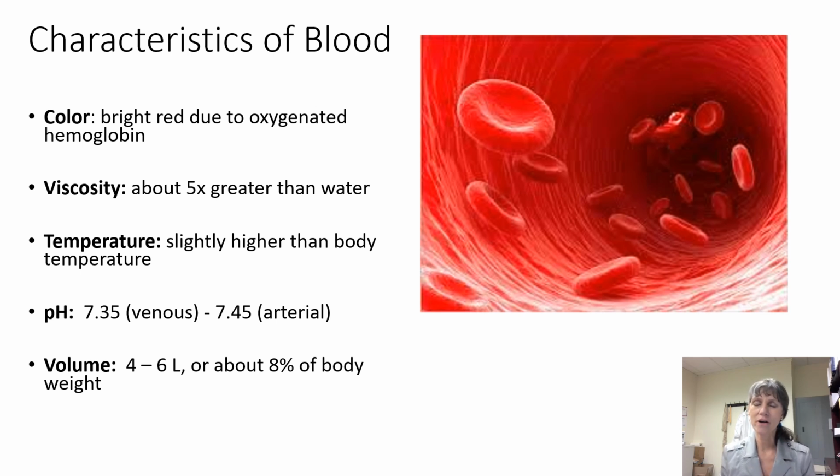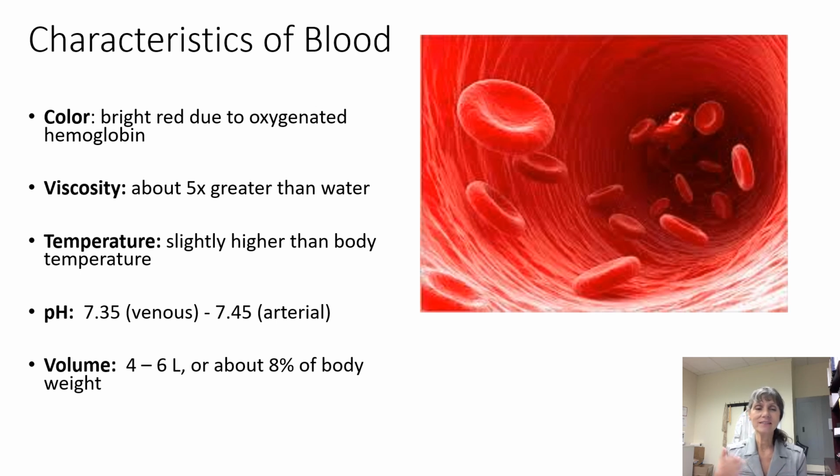Blood is thicker than water. It's about 5 times more viscous than water, and it has a slightly higher temperature than your body temperature. The pH of venous blood tends to be lower because it's slightly more acidic because of the carbon dioxide than arterial blood.